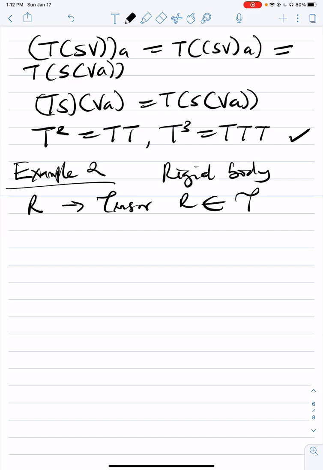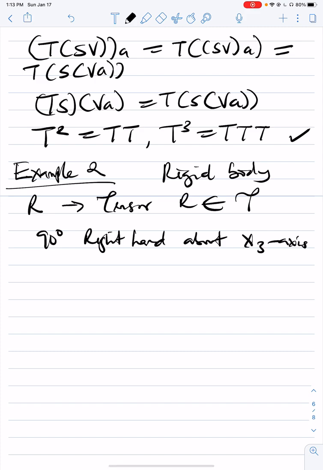And now there's a rigid body, right? This rigid body, we're going to rotate it 90 degrees. Rotate with 90 degrees right hand. That's right hand rotation, right? Using the right hand coordinate system about axis x3. Our axes are like this.